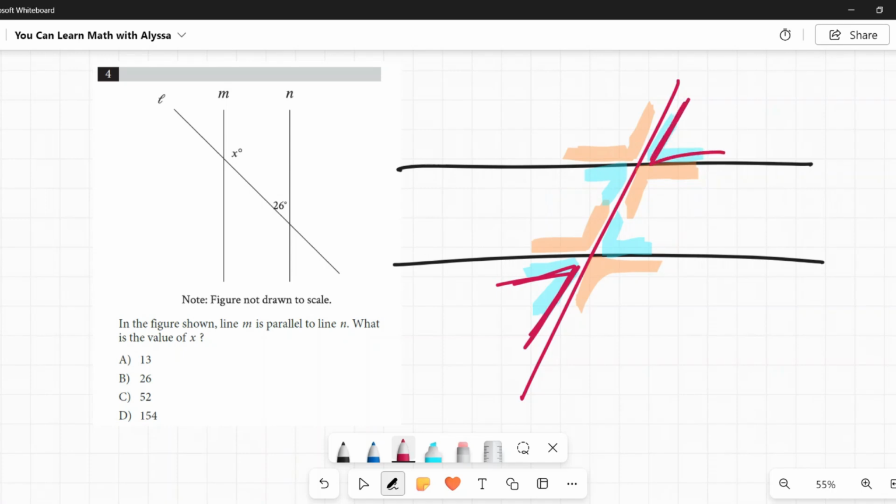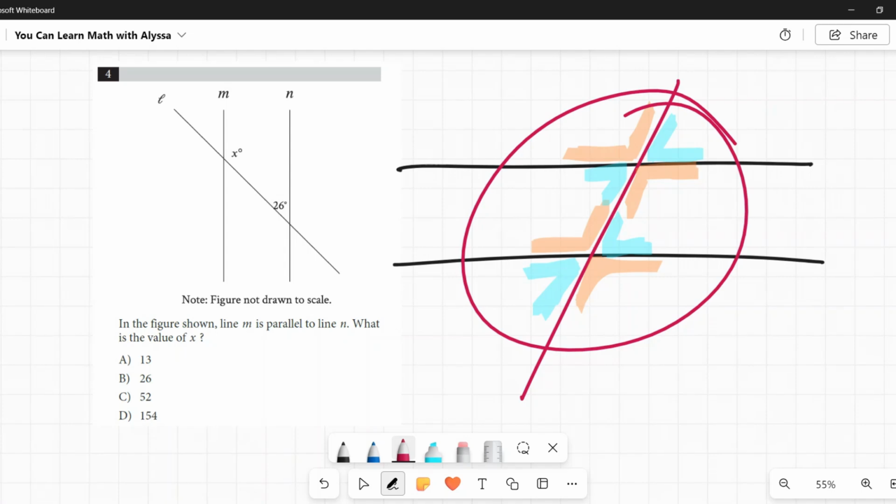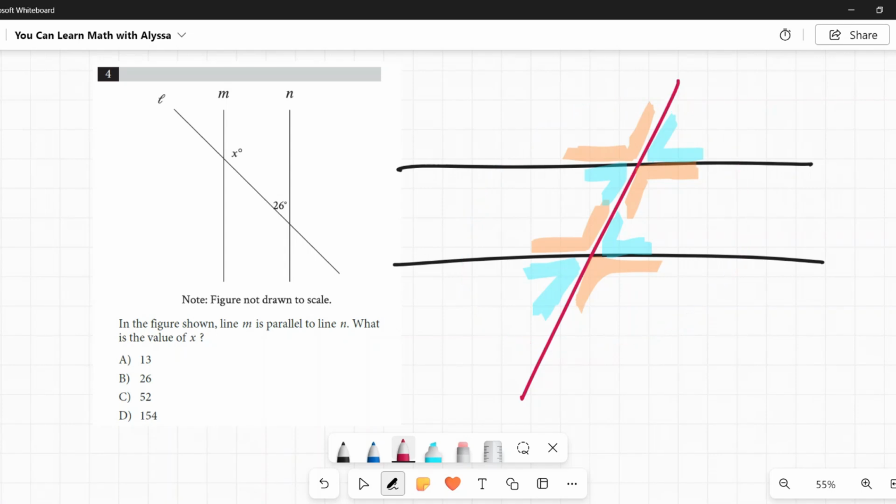Alternating exterior angles are congruent. Same side interior angles are supplementary. There's so many combinations of this. But this little chart right here is the overall relationship. That's all the angles and the ones that are the same as each other.